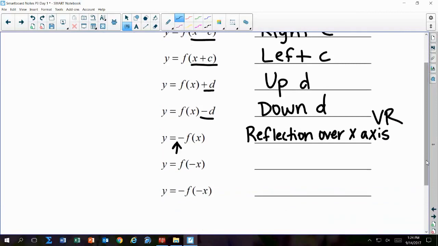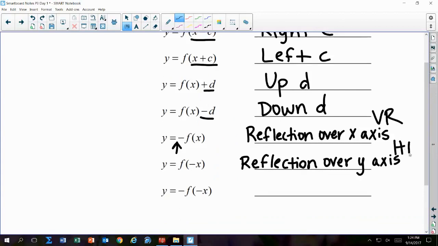The negative is inside the parentheses. That's also going to be a reflection, but this time it's a reflection over the y-axis. If I'm flipping something over the y-axis, what kind of reflection is that? Horizontal reflection. Okay.